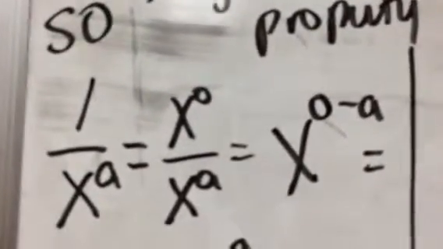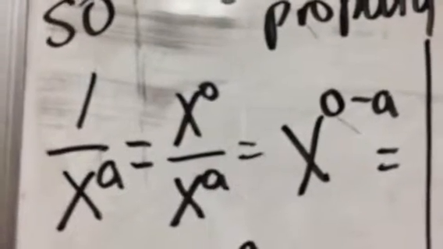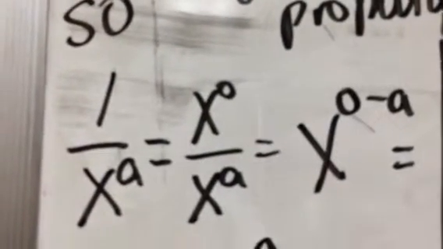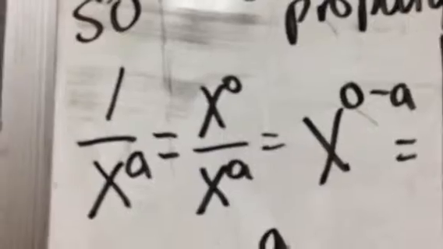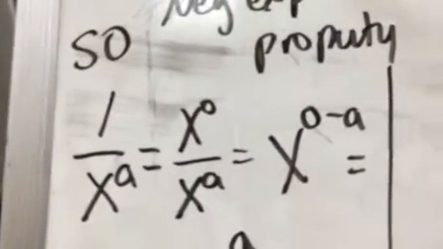It says that 1 over x to the a equals x to the 0 over x to the a, because 1 is x to the 0. Which is x to the 0 minus a, which equals x to the negative a. So anytime you have x to the negative a, you can write it as 1 over x to the a and vice versa. And that's if x doesn't equal 0.